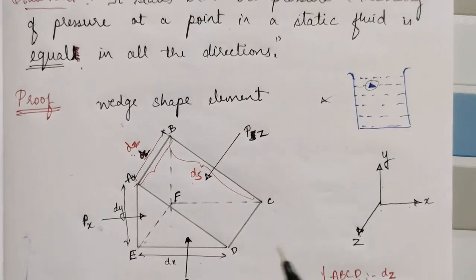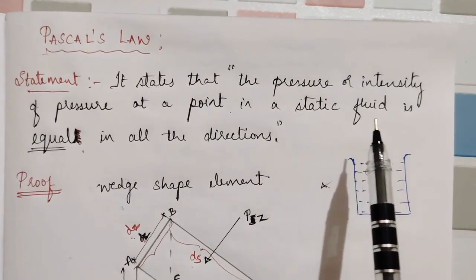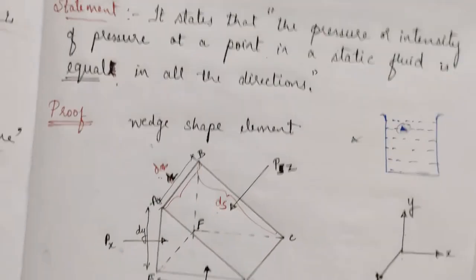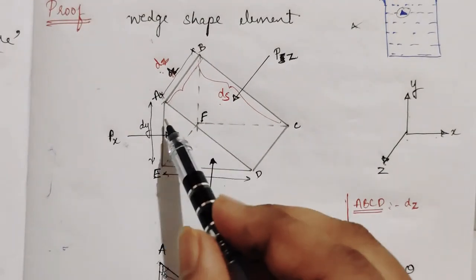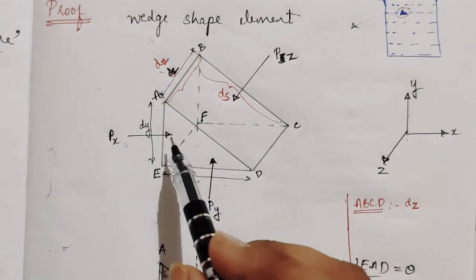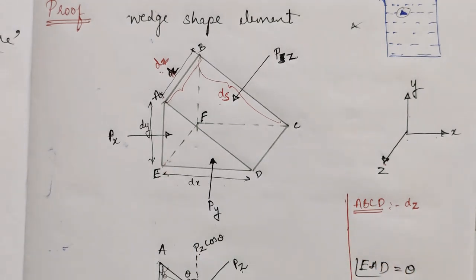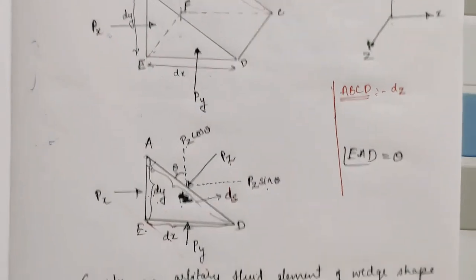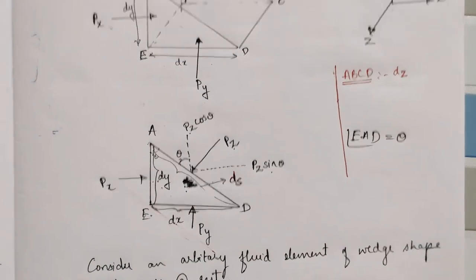What is Pascal's law? It states that the pressure or intensity of the pressure at a point in a static fluid is equal in all directions. So we took a wedge shape. We also assume that the width of the element perpendicular to the plane is unity.